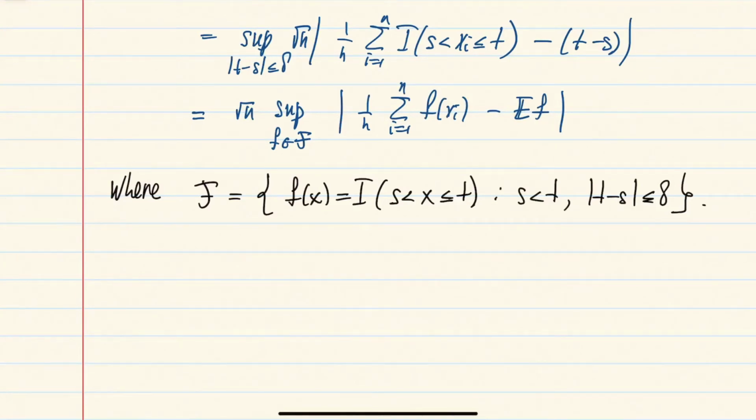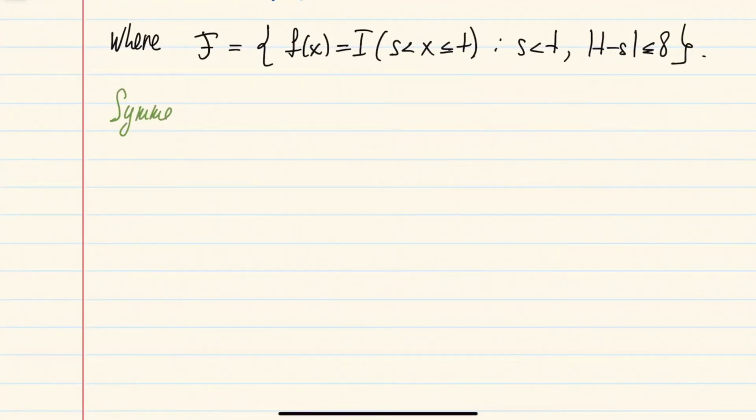So the symmetrization argument will be the following very simple, but at the same time, as we will see later, a very crucial observation. So if we consider the expectation of the supremum above, and here again we are going to consider an arbitrary set of functions as long as they are bounded, so everything is well defined.